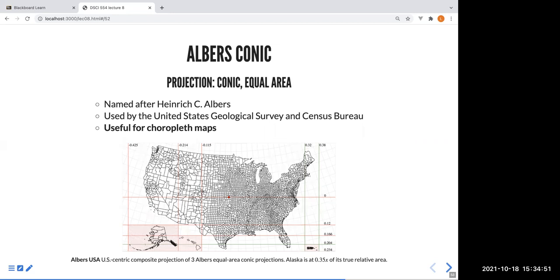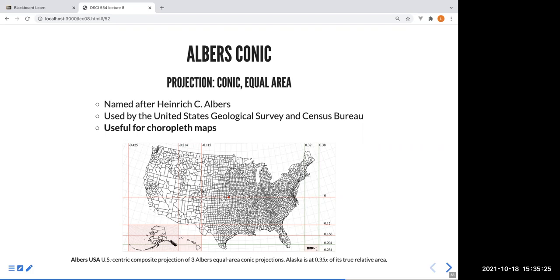This is because oftentimes you want to show in the same graphic different land masses. So here the continental US and here Alaska, and then we get here Hawaii, and I think this is Puerto Rico. So in order to do this, you need to actually have multiple projections, one for each of the areas.